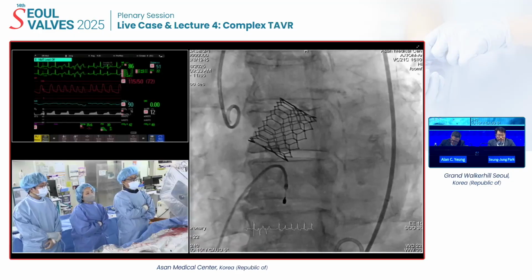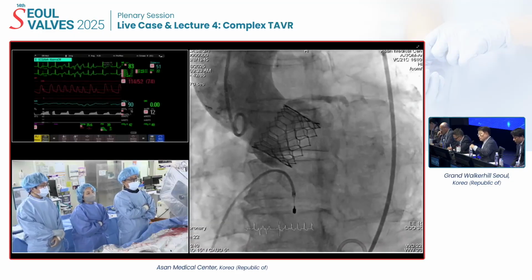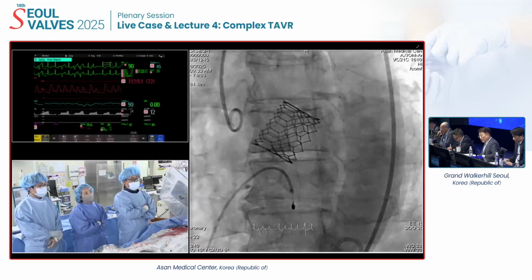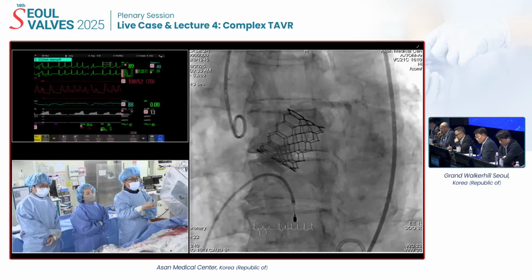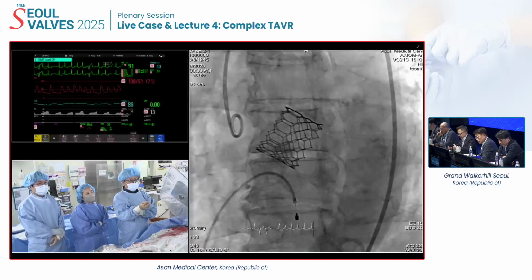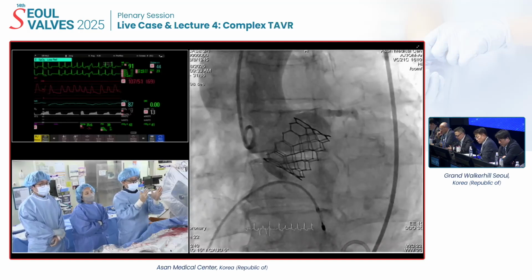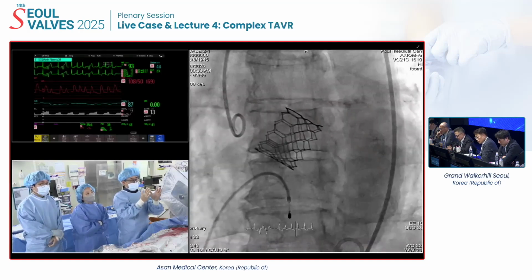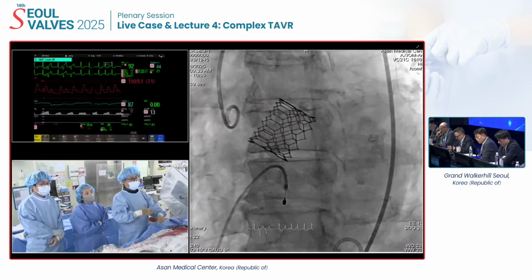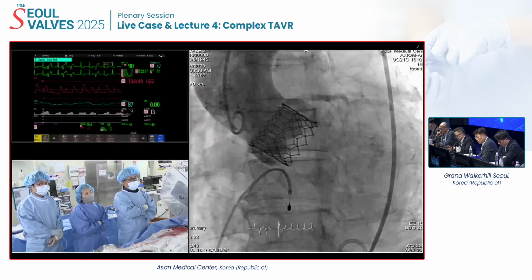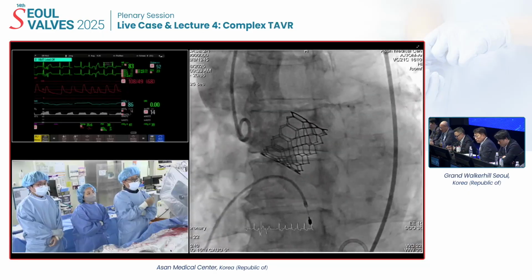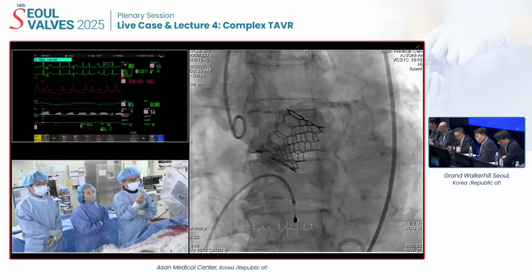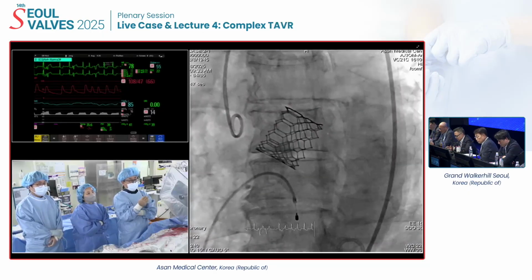But sometimes, with more than 1,000, we have experienced some cases in our prior experience where we put in the Evolut valve, but the expansion was not good, and even some very inappropriate expansion. After that, we tried to do, even with the SAPIEN valve, a very meticulous and very cautious expansion, 0%.